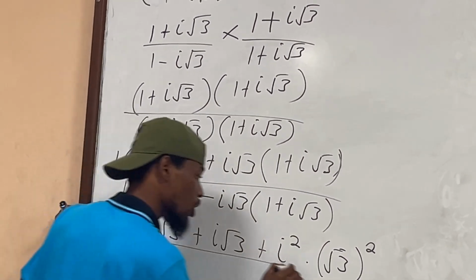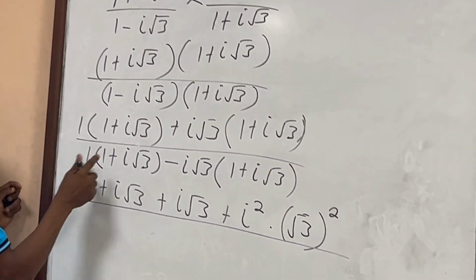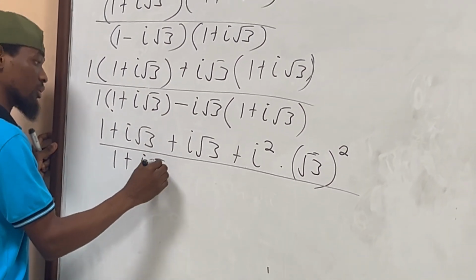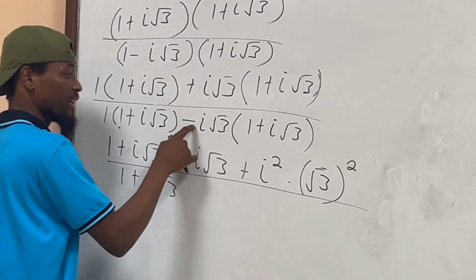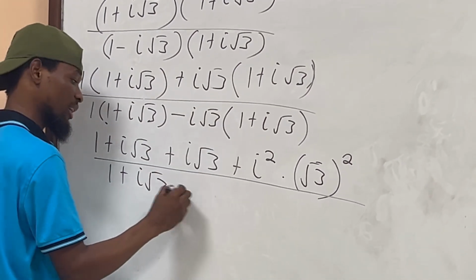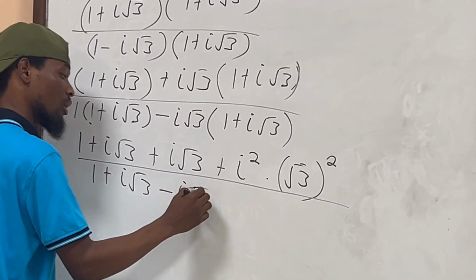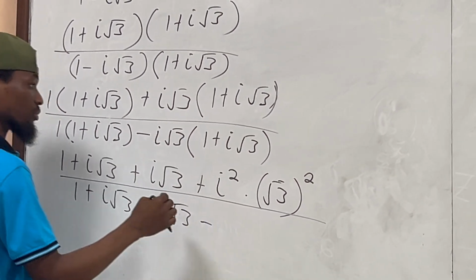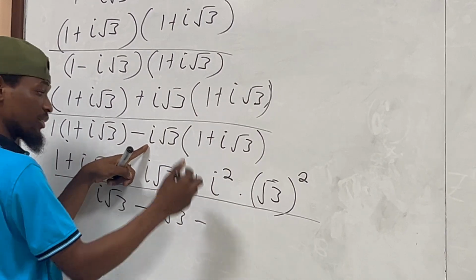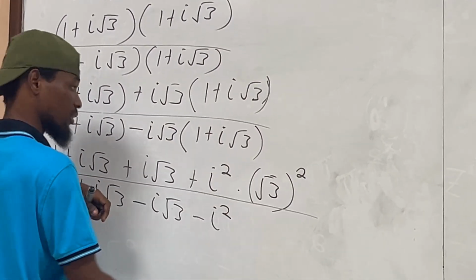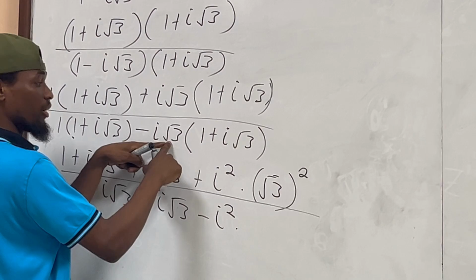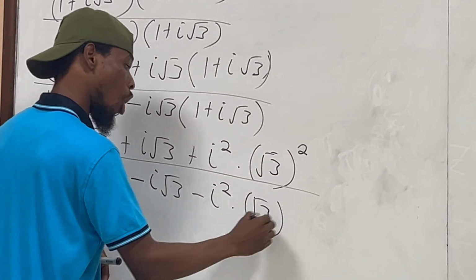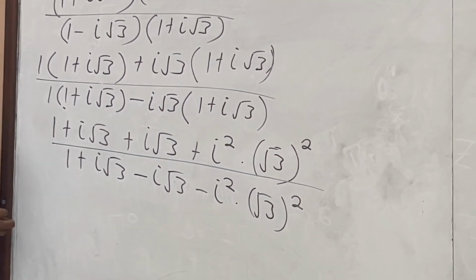Then all over, 1 times this gives 1 + i√3. Then −i√3 times 1 is −i√3. Then we have −i times i gives i squared times √3 times √3, which is (√3) squared.